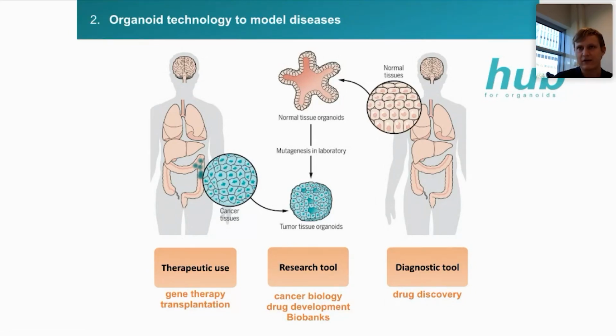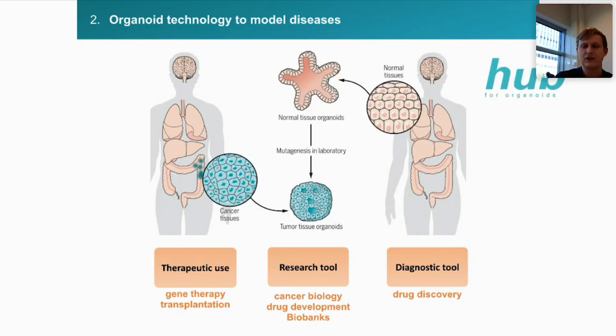Yes, and then a very big research resource is the hub that is based in Utrecht. It was founded by people from Hans Clevers' lab, and also different other people, of course, but especially people from this Utrecht science community.